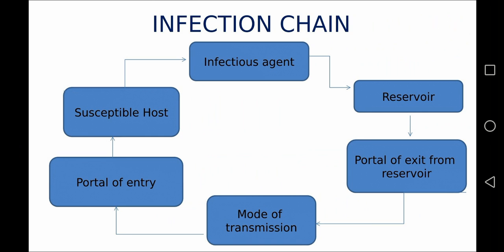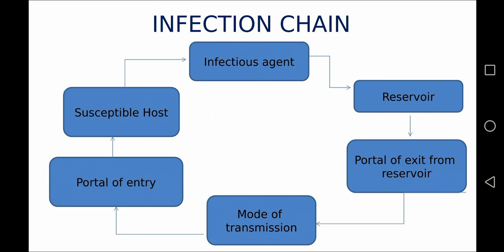First one is causative agent or infectious agent, or simply we can say it as disease organism. That is nothing but invading organisms. The examples for the causative agents are bacteria, virus, fungi, etc. Next link is reservoir.